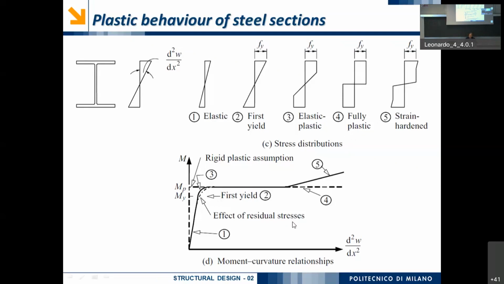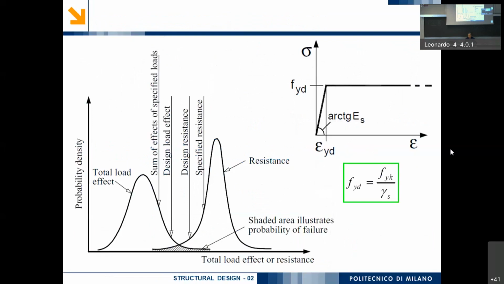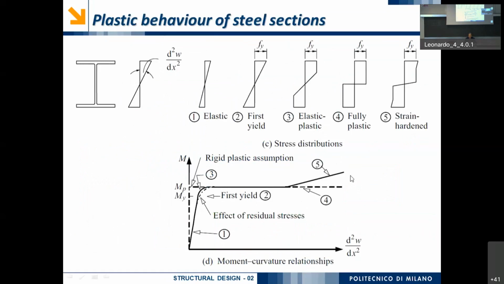Because if you look back at this curve, okay, there is a large interval of value of the strain, epsilon, for which the maximum stress does not change. This means that after reaching this point, there is also a constant interval of bending moment in which the bending moment is equal to fully plastic moment.